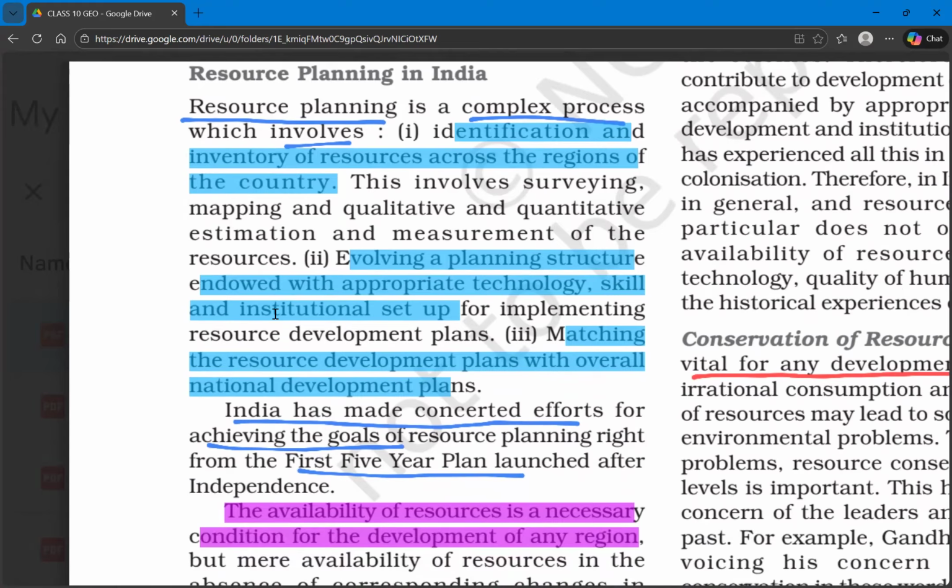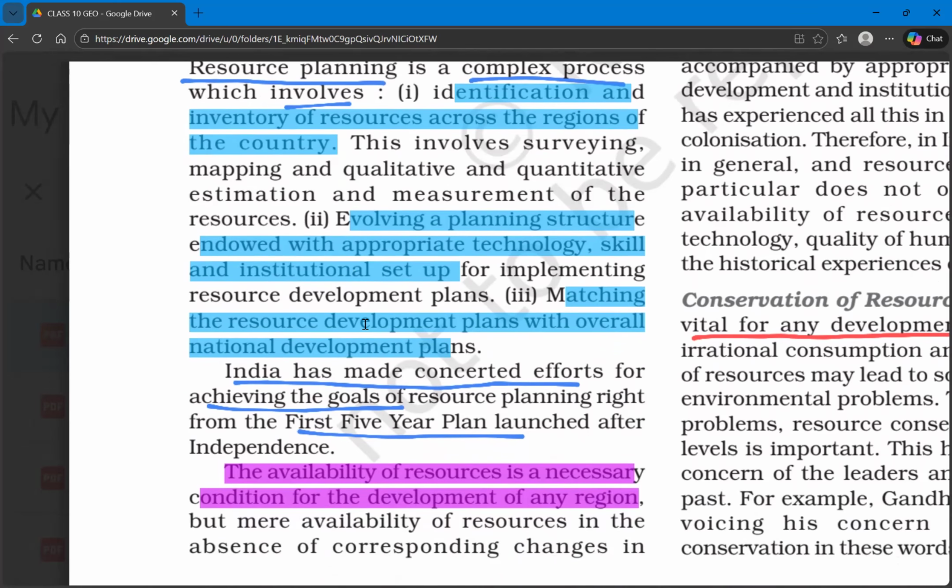Next, after the surveying, we should evolve a planning structure. We should come up with a plan that includes appropriate technology, skill, and institutional setup for implementing development plans. And the next one is matching the resource development plans with overall national development plans.